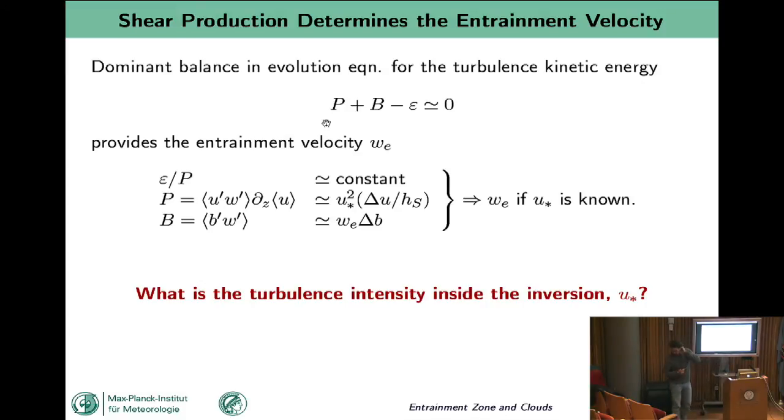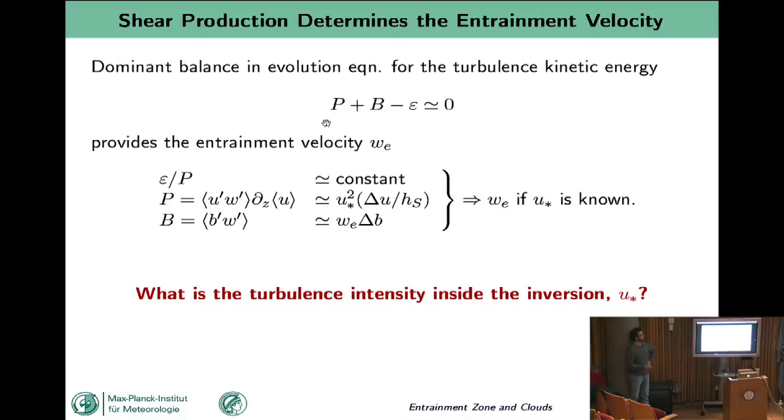And I'm not going to go into the details of it, but in the end, what you do very often is look into the budget of the turbulent kinetic energy equation in this case. It's varying in time, but it's quasi-steady. So to leading order, you have a dominant balance between the shear production, where you have the shear-dominated region, the transfer of energy into potential, the buoyancy flux, and then dissipation. Dissipation is always there.